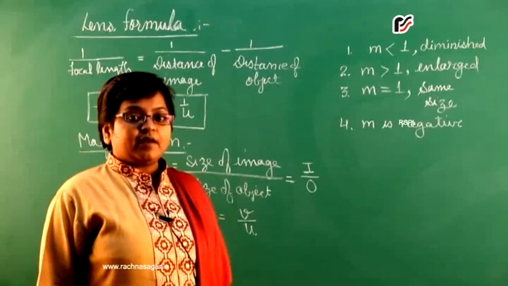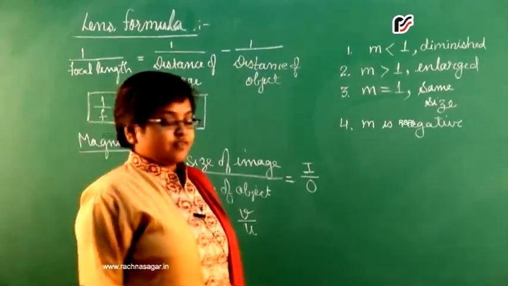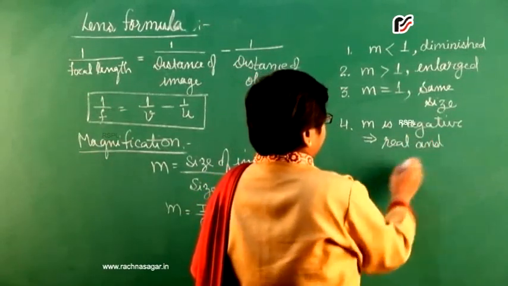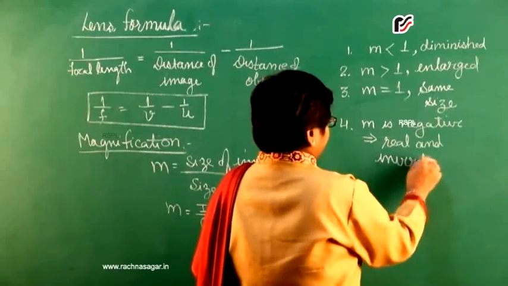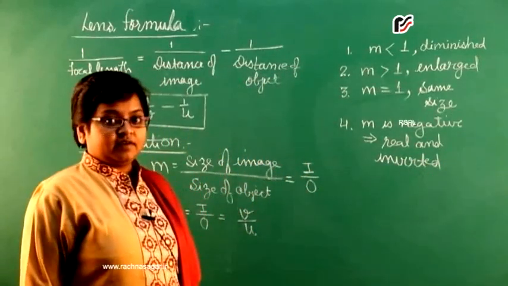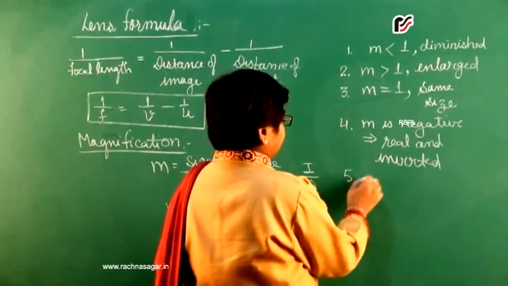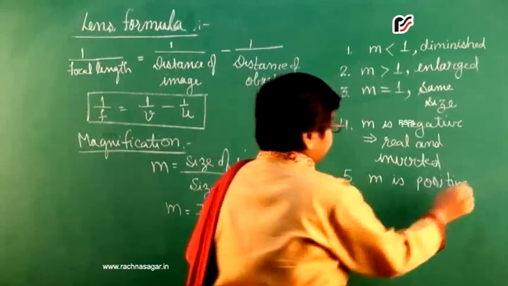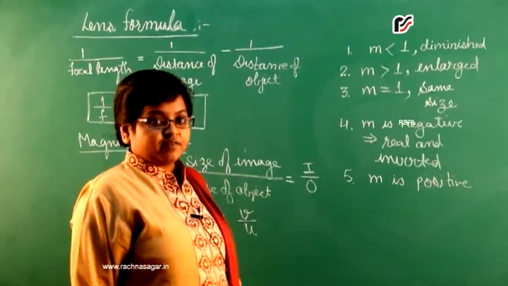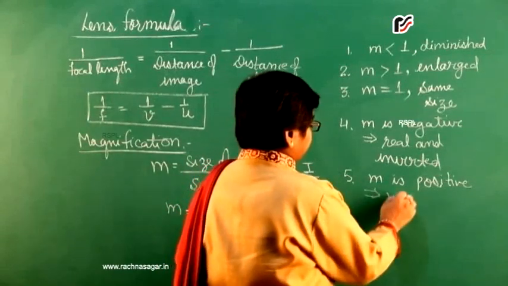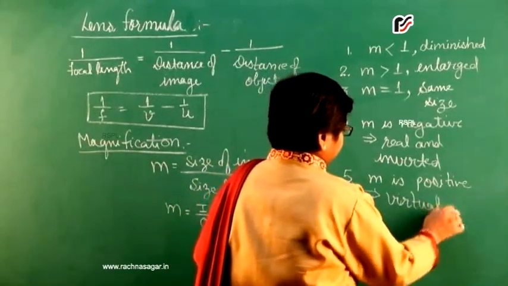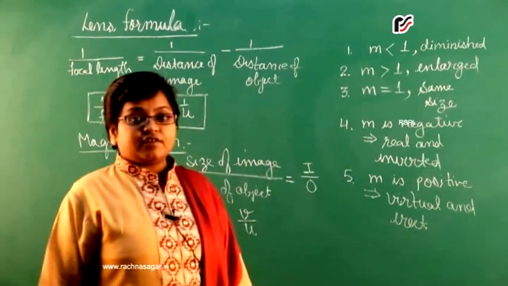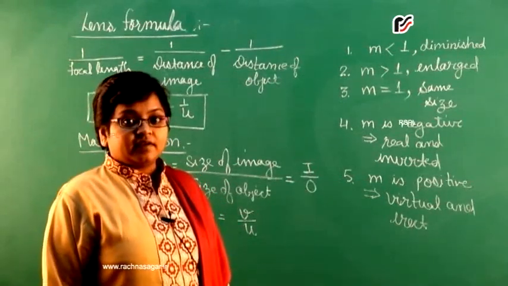Case 4, if M is negative, the image formed is real and inverted. And the last case, if magnification is positive, the nature of image is virtual and erect.